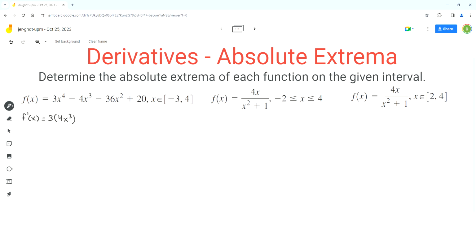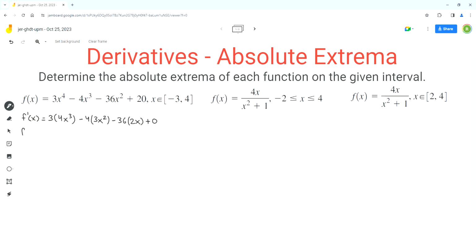In the second term, 4 is the coefficient, so it stays as it is, and the derivative of x cubed is 3x squared. In the third term, 36 is the coefficient, so it stays as it is, and the derivative of x squared is 2x. And 20 is a constant, so its derivative is equal to 0.